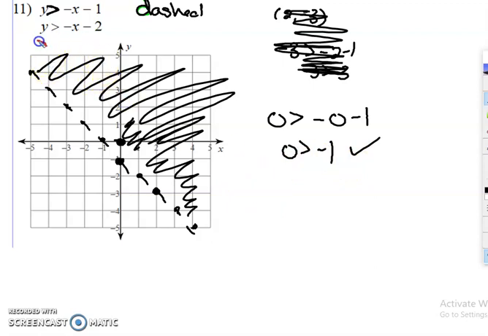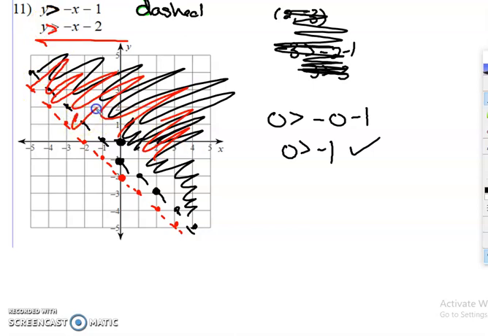So then the second one, go to -2. Slope is down 1 over 1, down 1 over 1, and this thing is dashed, right? Dash, dash, dash. And y is bigger than that, so everything north of this, or top of that, is shaded.